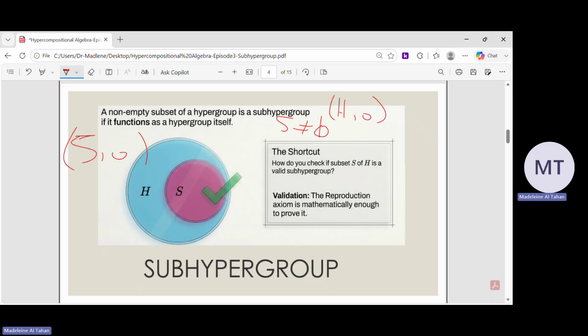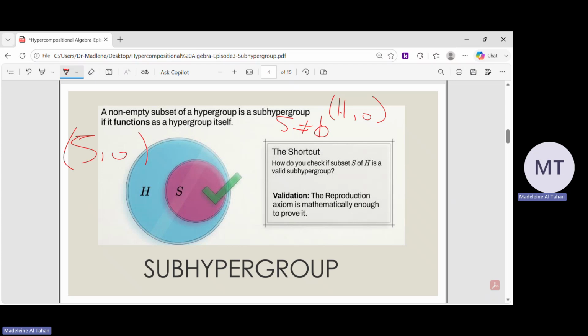Now the question is, how can we check whether a certain non-empty subset is a subhypergroup or not? Do we need to check all the axioms? Recall the axioms for a hypergroup. Now for associativity, the associativity is applicable for all elements in H. It means that it's also applicable for all elements in every non-empty subset of H. So the reproduction axiom will be enough.